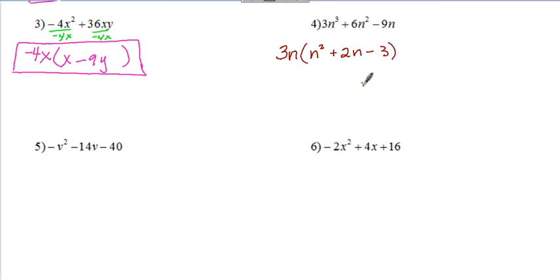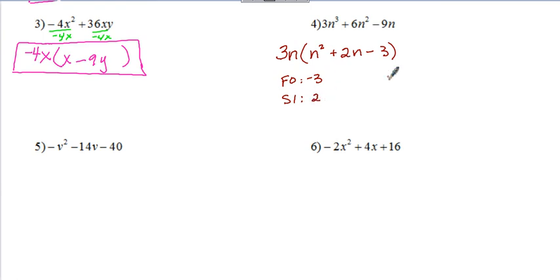All right, so that has taken out the greatest common factor. Then we need to look and see if we need to employ our skills from number 1. We do in fact see a trinomial here, so we look for factors of -3, things that multiply to -3, whose sum is +2.